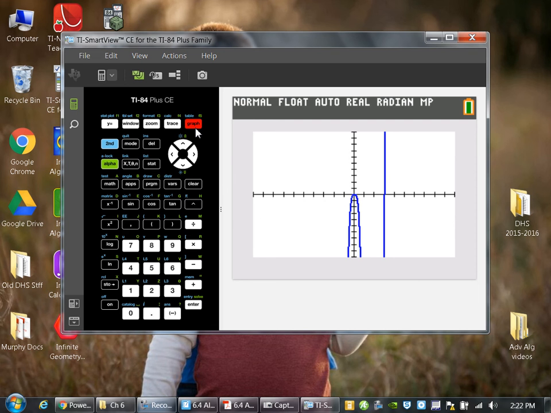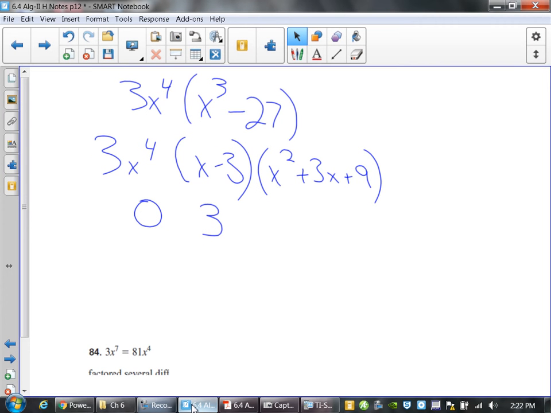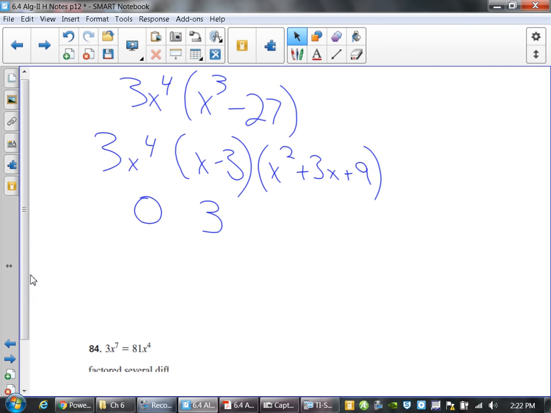Like in this case here, if you had to find all zeros, which you will do in a couple of sections, we have a 0 here at 0. Here I would just use the quadratic formula, and I get my imaginary roots.